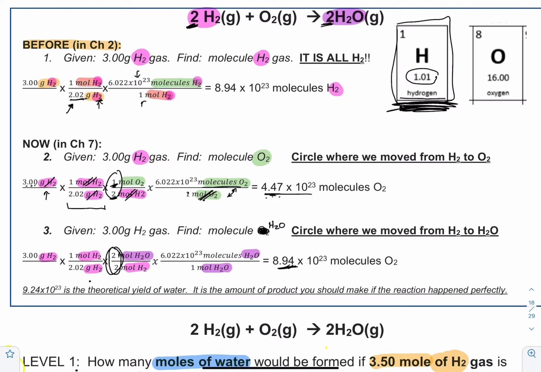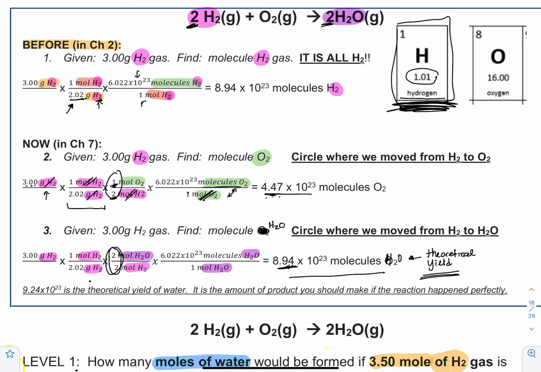Whenever we turn something into a product amount, like you're trying to make something new, we call it a yield because we made it. And the type of yield is a theoretical yield. What that means is in a perfect world where you have perfect pressure, perfect purity, perfect glassware, perfect technique, perfect everything, we would predict this.